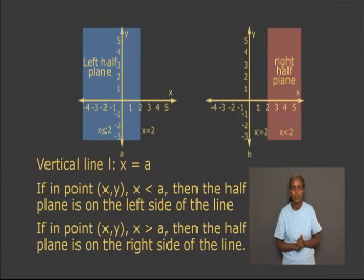In the graph on the right, x is greater than 2, so the border of the right half plane on the graph is drawn with a dotted line. This indicates that the number 2 itself is not in the right half plane.